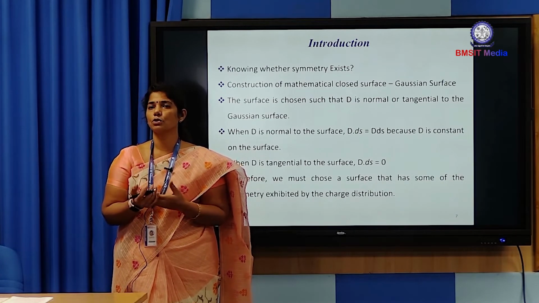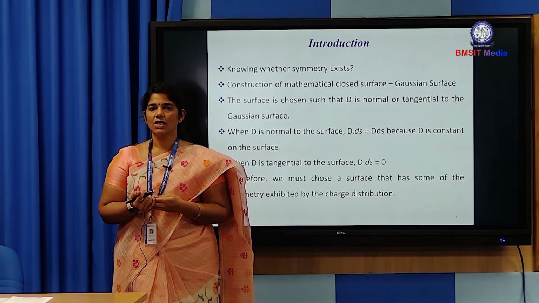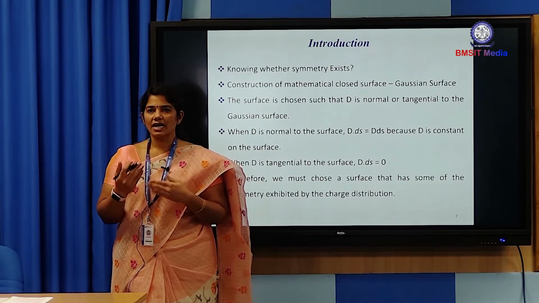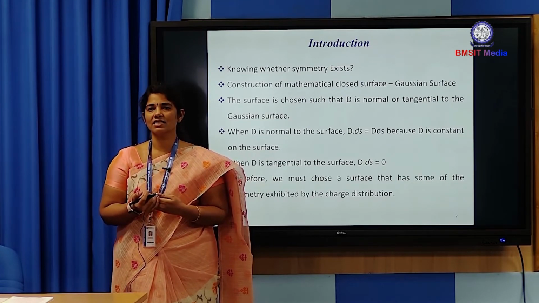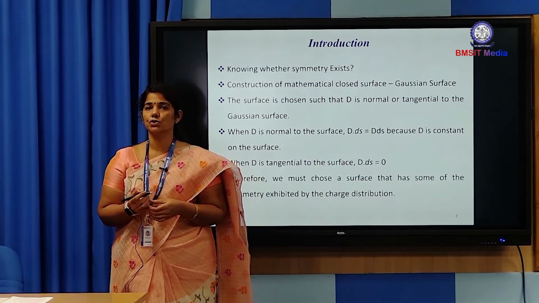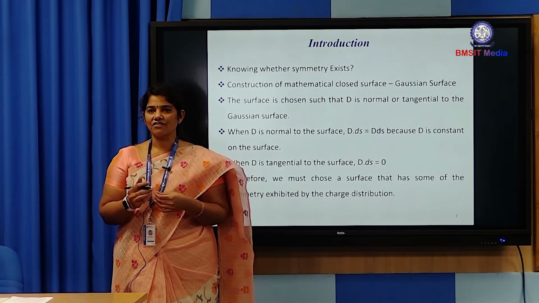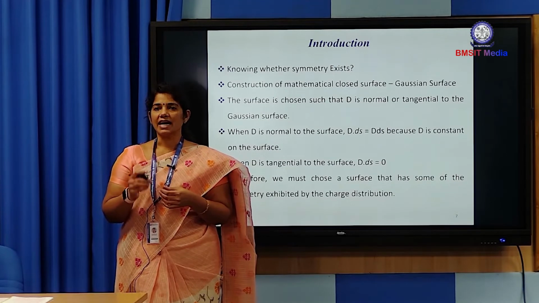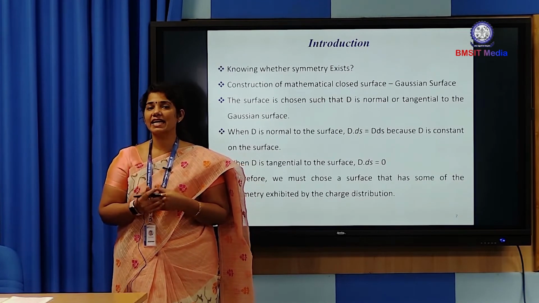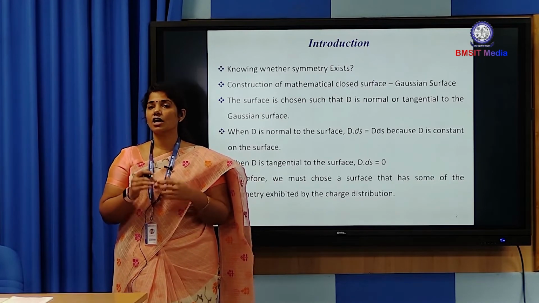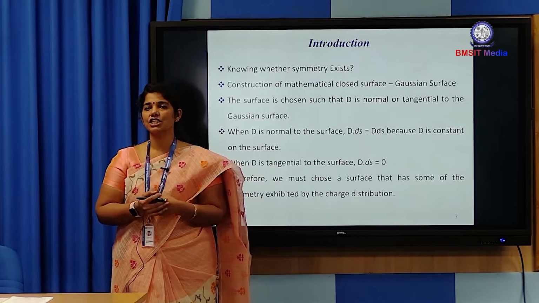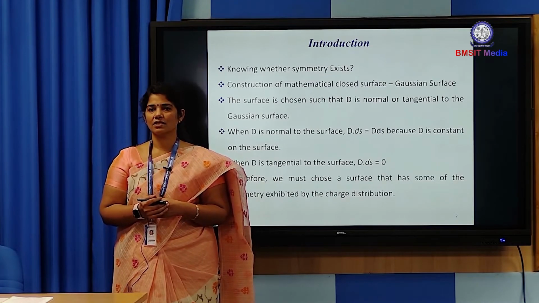It is also known as Gaussian surface. Once you construct the Gaussian surface, you have to choose the surface such that D, that is electric flux density, is either normal or tangential to the Gaussian surface.